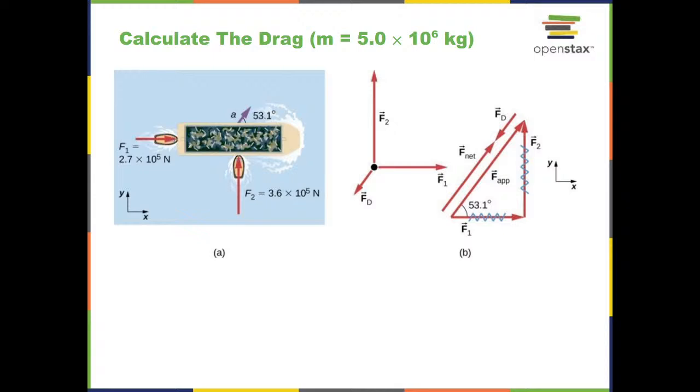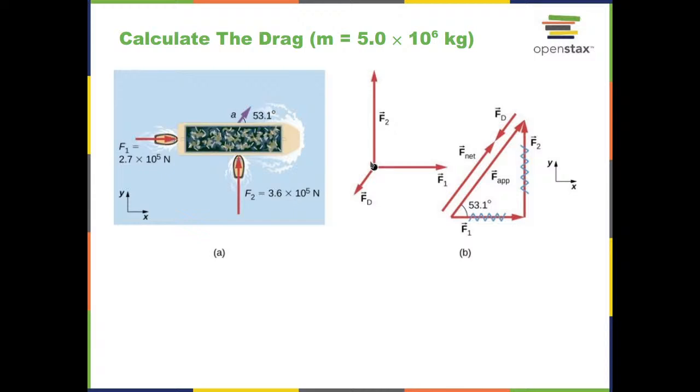So in our free body diagram, we have our F2 and F1, the forces with which the tugboats are pushing, both along the X and the Y direction. And then FD will be in the direction of 53.1 degrees. So that will be 53.1 degrees off of the horizontal, but pointing in the opposite direction.